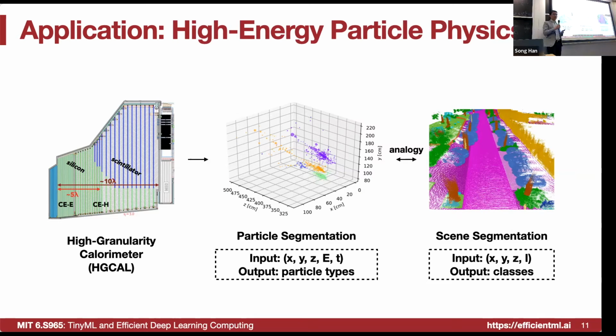So representing particles is basically using their locations X, Y, Z, and also the energy and T, which is very similar to the representation of the point cloud, which is the X, Y, Z followed by the feature. Okay, so we find lots of the techniques we developed for point cloud can be seamlessly integrated into high energy physics for particle discovery.